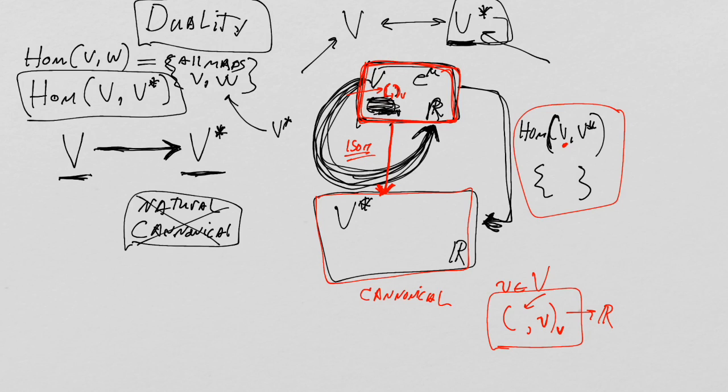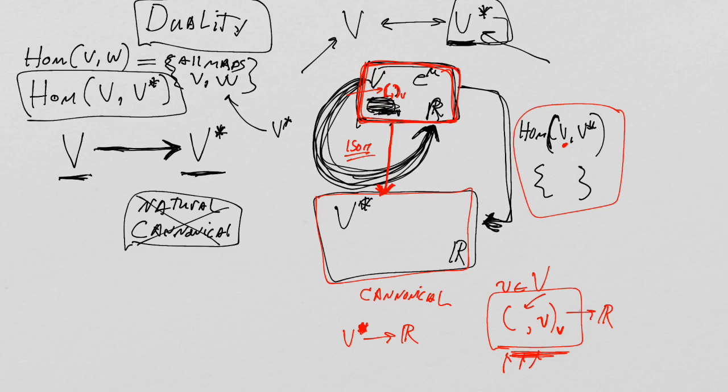So this object that I've just written down is a map from V to, well, I guess the way I wrote it here, that's a map from V star to R.